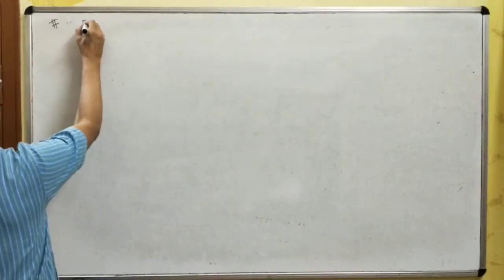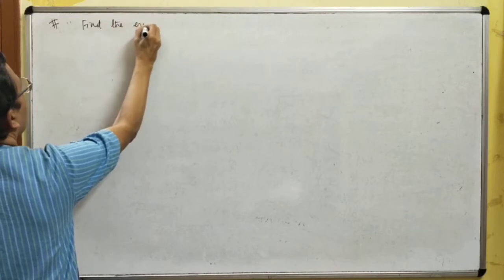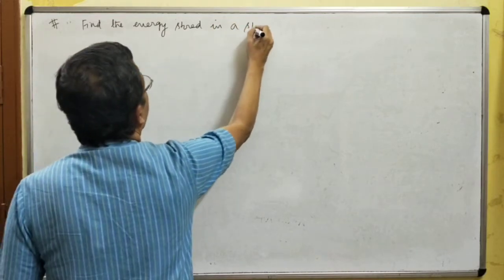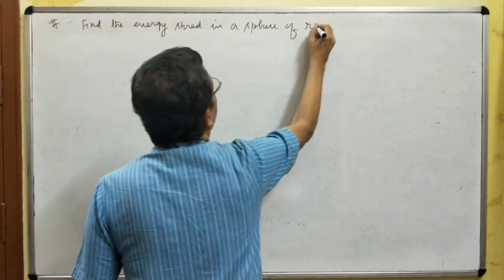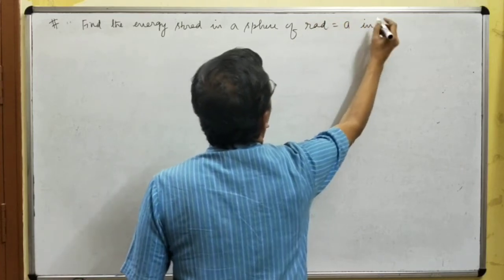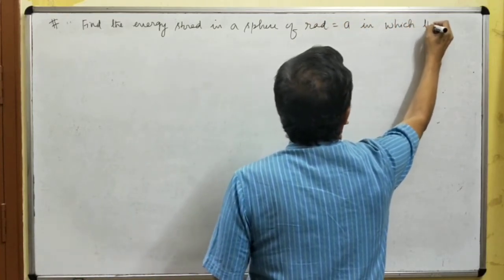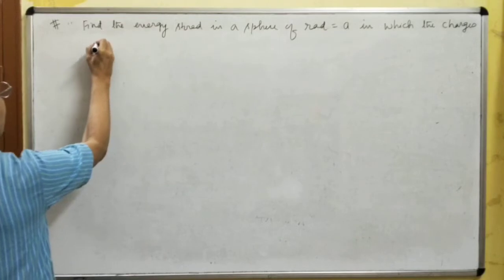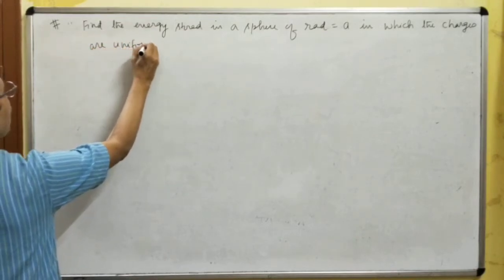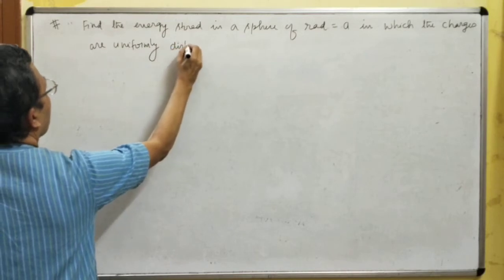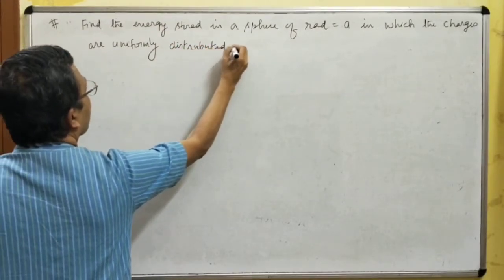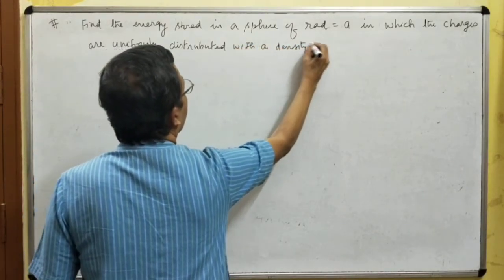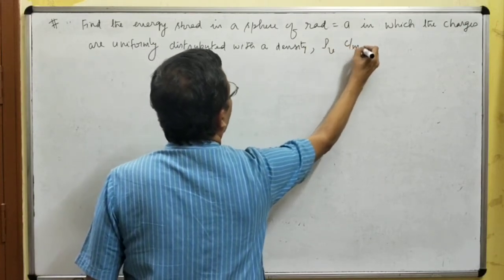First problem is to find the energy stored in a sphere of radius equal to a, in which the charges are uniformly distributed with a density rho v coulombs per meter cube.